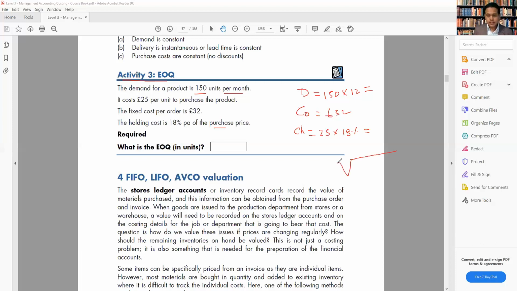So let's do that. On the top, we have 2 times CO times D, and on the bottom, we have CH.